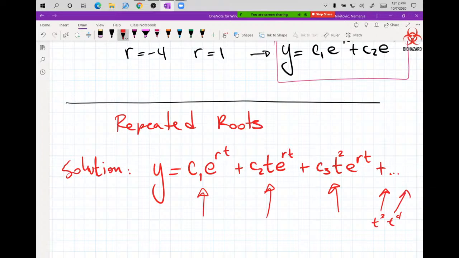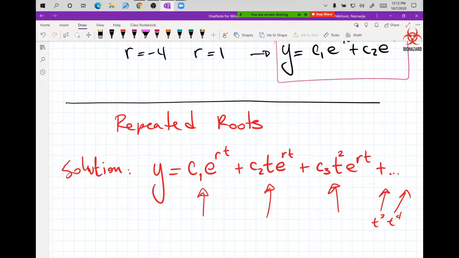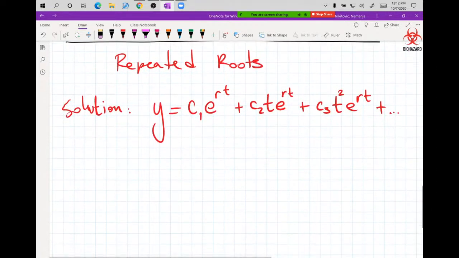So if you have 3 repeated roots, then you would have this to be your solution. You will go up to the square. So repeated roots are like that.